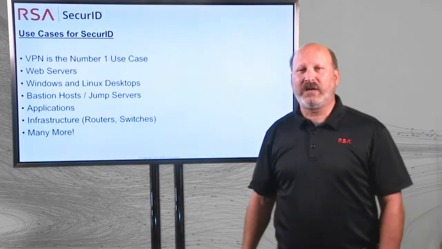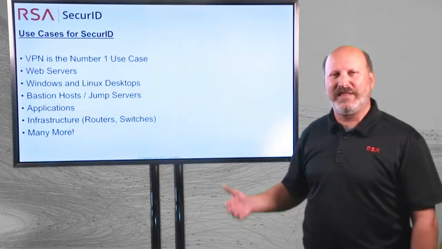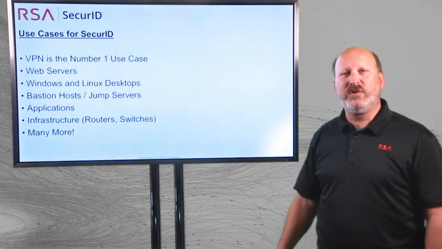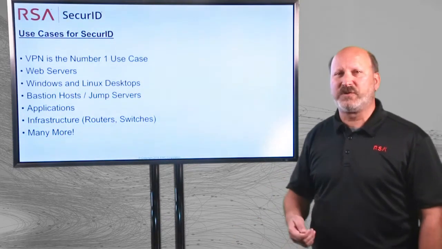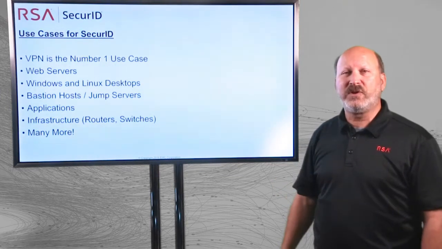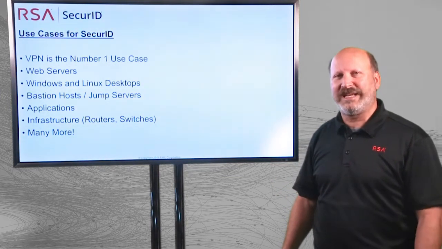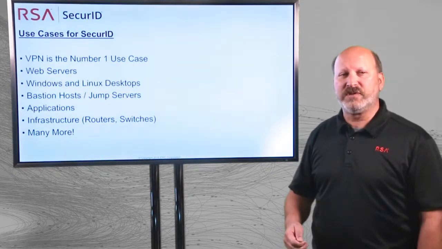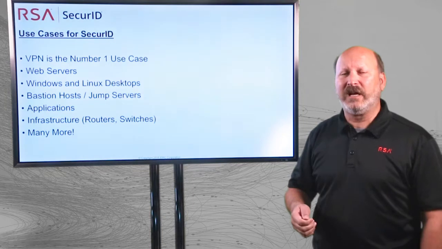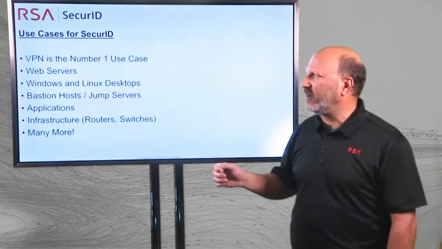Use cases for the product, obviously VPN, you've heard me mention it. That is the number one use case. Web services. When we look at some of the new requirements under the federal DFARS rules, some of the new SOX rules, some of the new compliance rules, they talk about protecting your infrastructure. Servers, anywhere I store critical data, HIPAA, medical data, anywhere I'm storing that data, I want to install an agent.